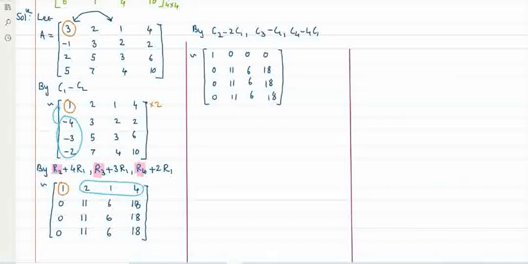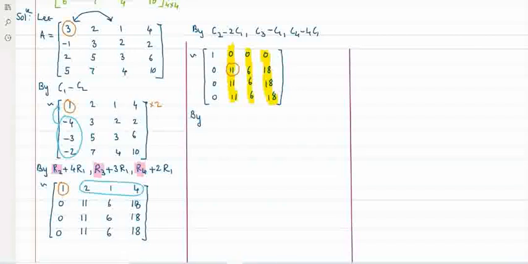Okay. So after that, go through the process. This element you have to reduce to 0. What is the transformation? R2 minus R3. Now see, one thing you can observe. In the second column, all the elements are 11, right? All the elements of C2 are divided by 11. Similarly, C3 divided by 6, C4 divided by 18.